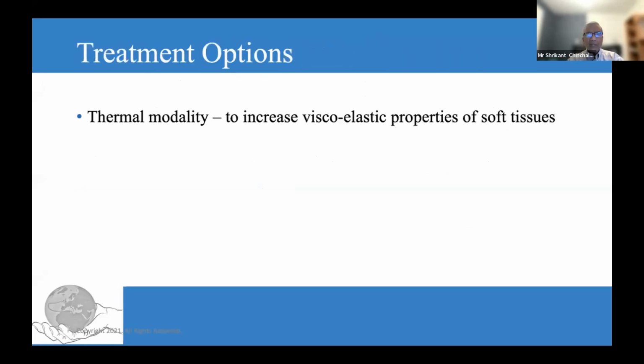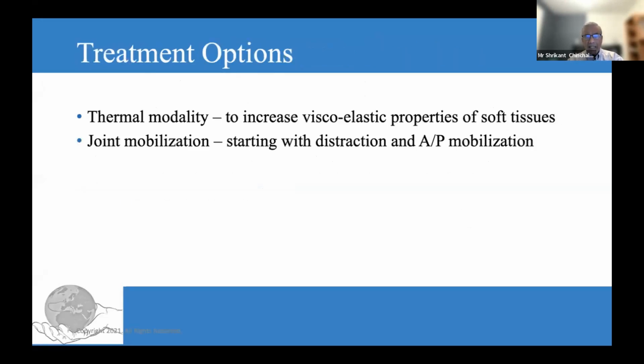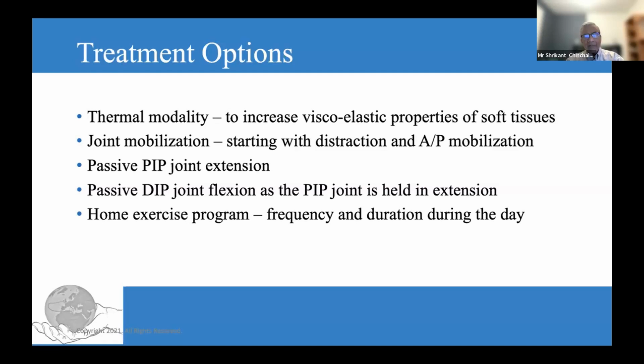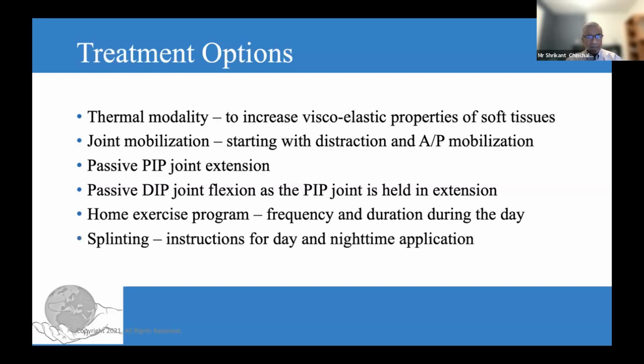So the treatment option is using a thermal modality to increase the viscoelastic properties of the soft tissue. We go on to joint mobilization, passive PIP joint extension, passive DIP joint flexion when the PIP joint is held in neutral, and then we give patients a specific home exercise program with the frequency and duration of the program that they must perform.